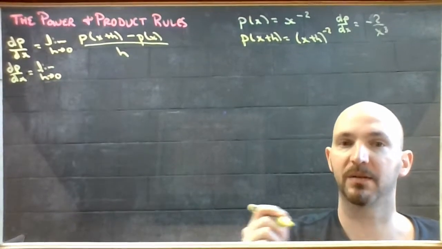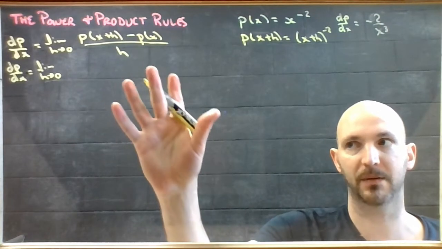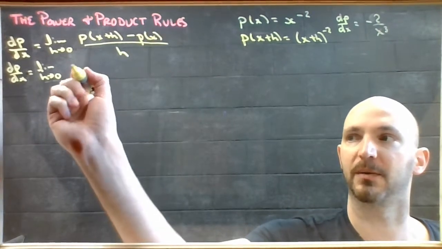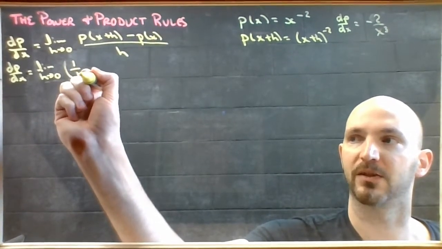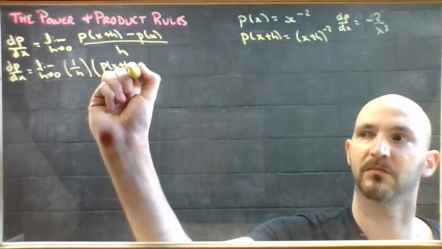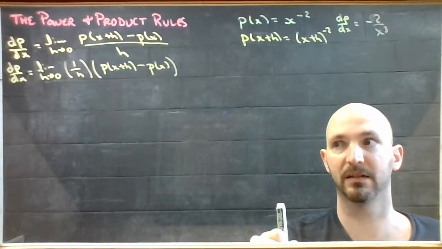Now, there's also going to be a ridiculous number of fractions involved in this. So I'm going to defraction this a little bit. Instead of writing it all over h, I'm going to write it as 1 over h multiplied by this, which is perfectly valid.